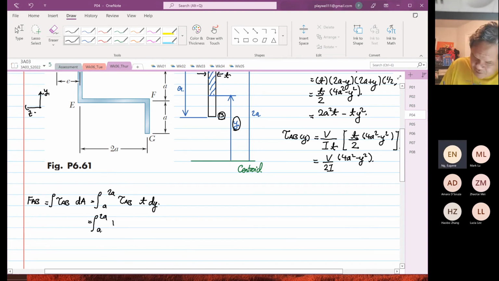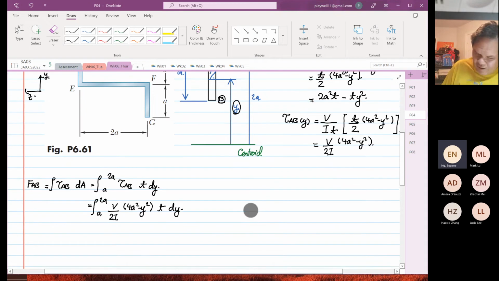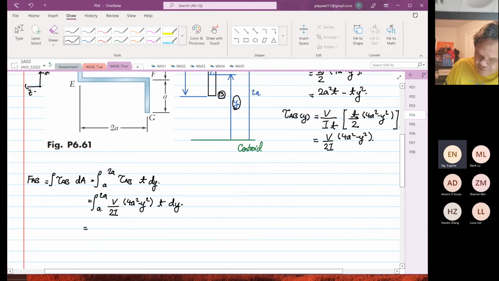So this is V over 2I multiplied by (4A squared minus y squared) t dy. What are the constants? Vt over 2I, the limits A to 2A, and 4A squared minus y squared dy.